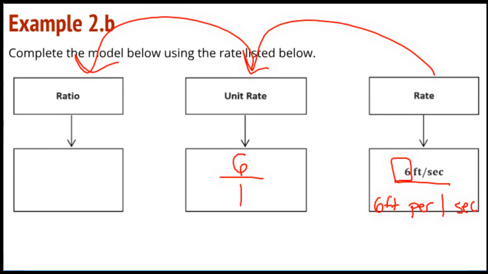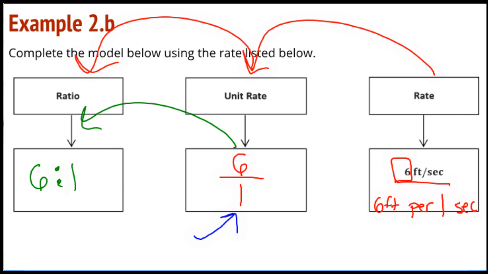And you'll remember, here's the learning target again. We're looking for ratios that have a b value of 1. So now I can take my unit rate and I can say I've got 6 to 1.